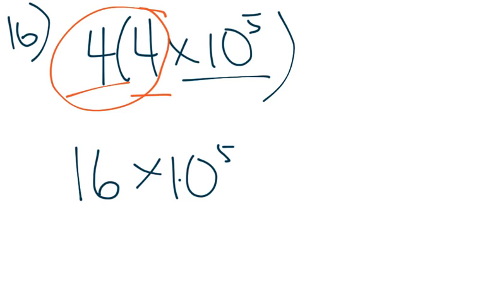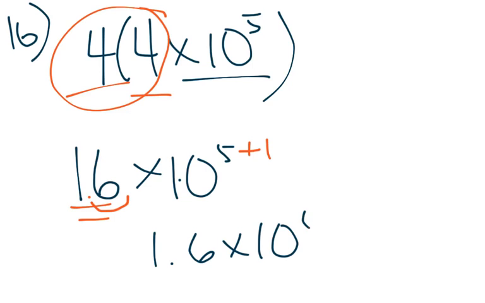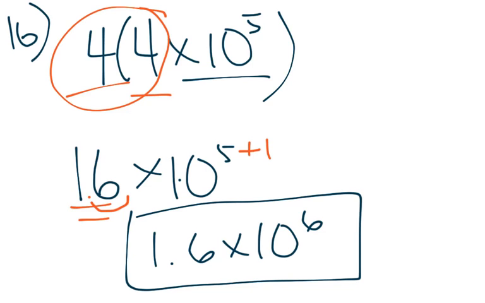But we're not done yet because 16 is bigger than 10, so we want to move the decimal once. So it's 1.6, and that means we add 1 to the exponent. So we have 1.6 times 10 to the 6th power. And this is your answer for number 16.